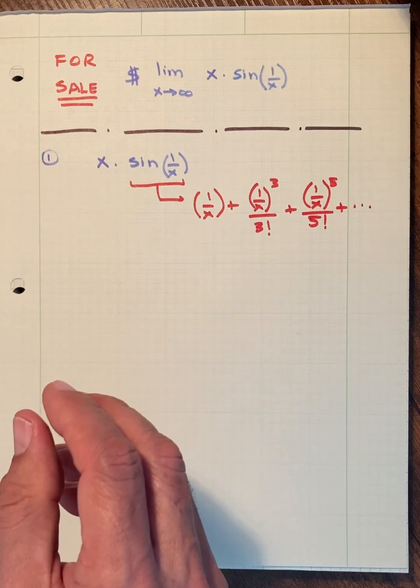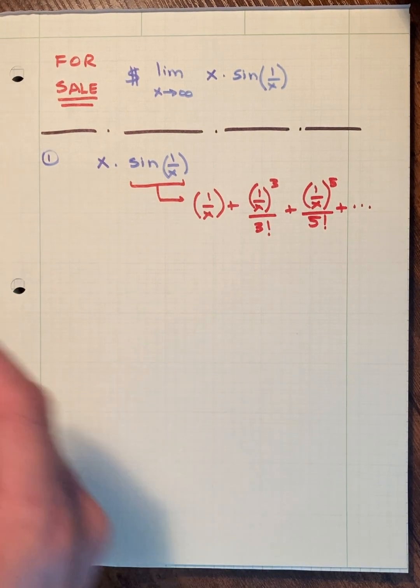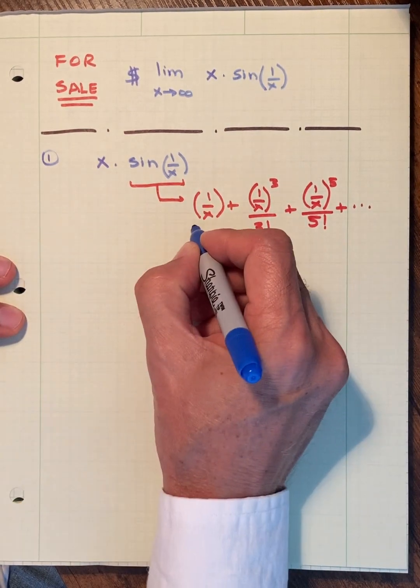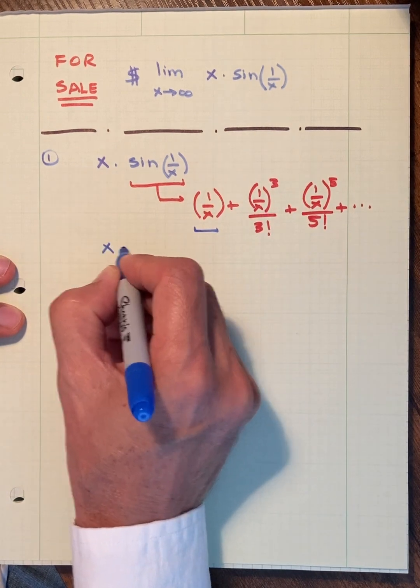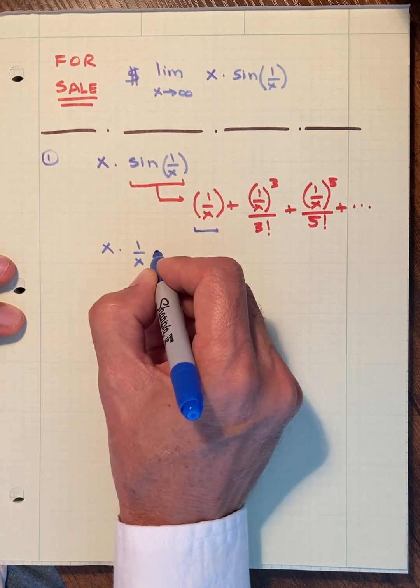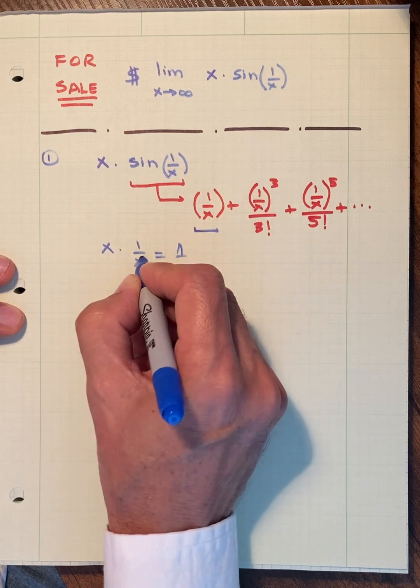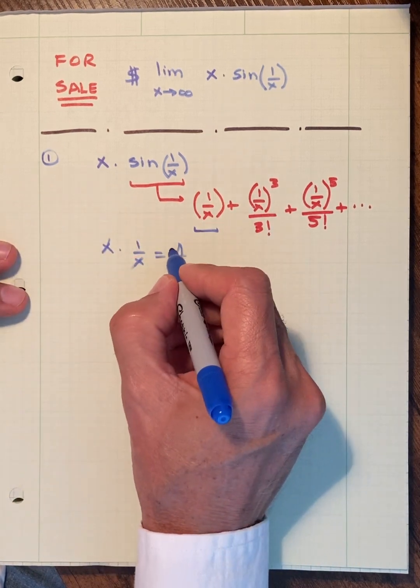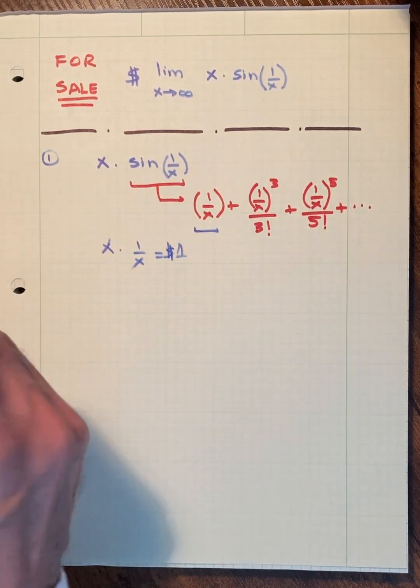And what we do here is we keep the first term, and that would be this right here. So that gives us x times 1 over x, which of course is 1. So the price then becomes $1.